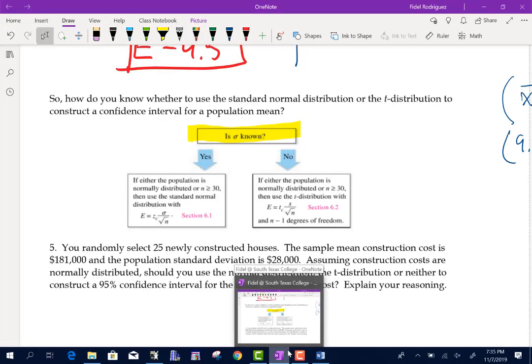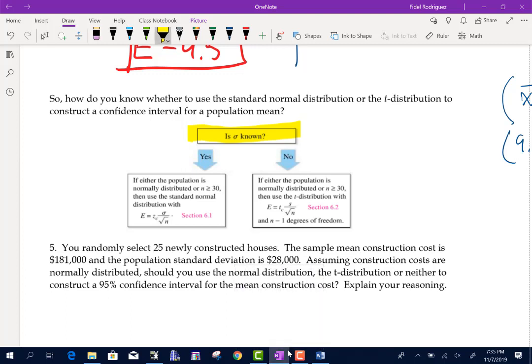When I come back over here, look what it's asking me. Is sigma known? Remember, sigma is the population standard deviation. If I do know sigma, then I'm going to use the normal distribution and find my ZC score, which is just what we did in our quiz.